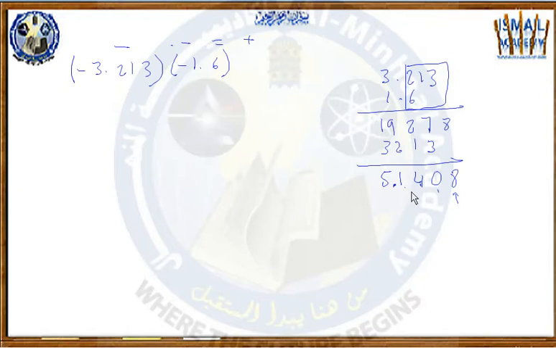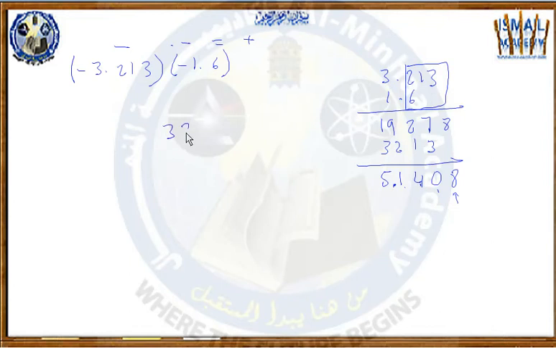Question? What's your question? Safia, question? Hey, brother. Yes. If you're gonna multiply it, couldn't you just have multiplied it regularly and then just add the decimal places? Yeah, that's what it is.